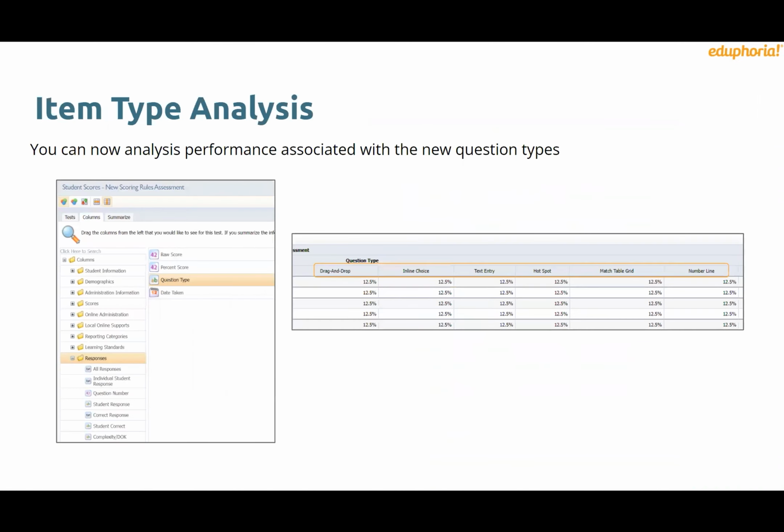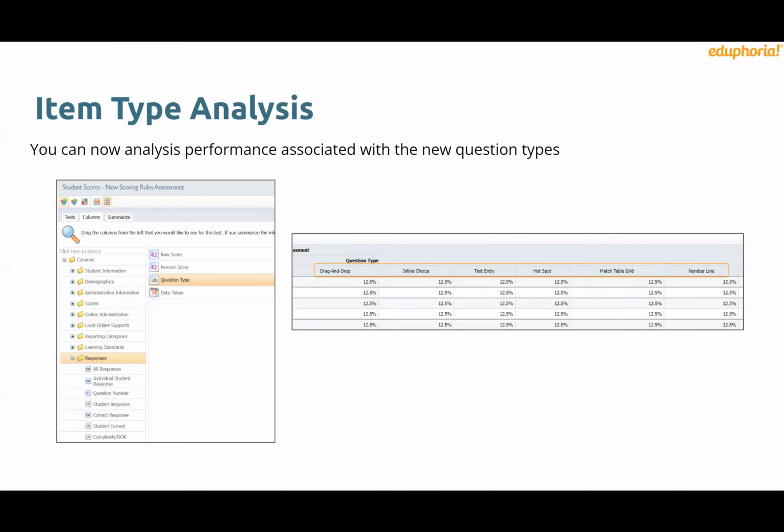Okay, and then the last piece that was a big add-on for scoring is you being able to pull in a field called question type, and it is under the responses folder. So when building a data view, you can go to columns or summarize, go to the responses folder, and grab and pull over question type.